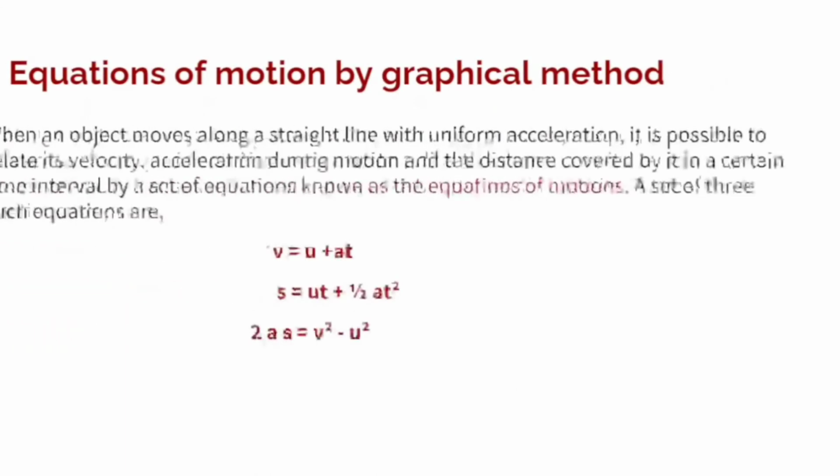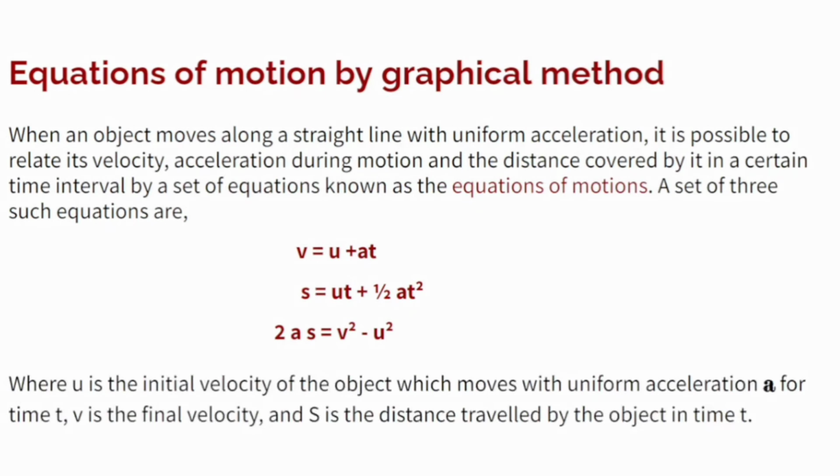Equations of motion by graphical method. When an object moves along a straight line with uniform acceleration, it is possible to relate its velocity, acceleration during motion, and the distance covered by it in a certain time interval by a set of equations known as the equations of motion.